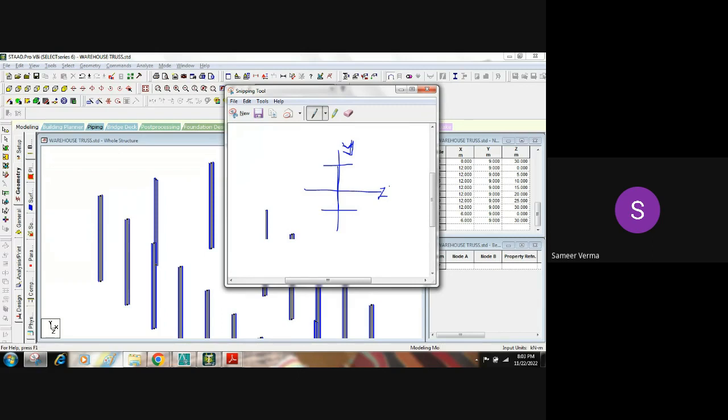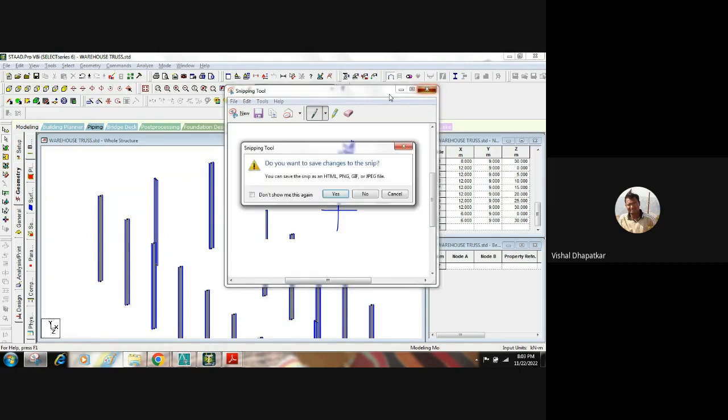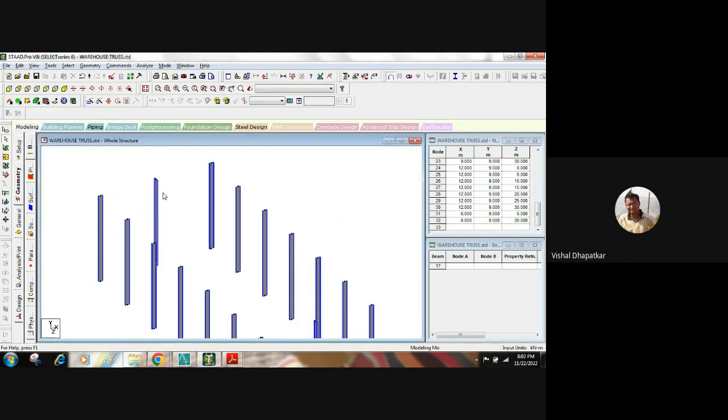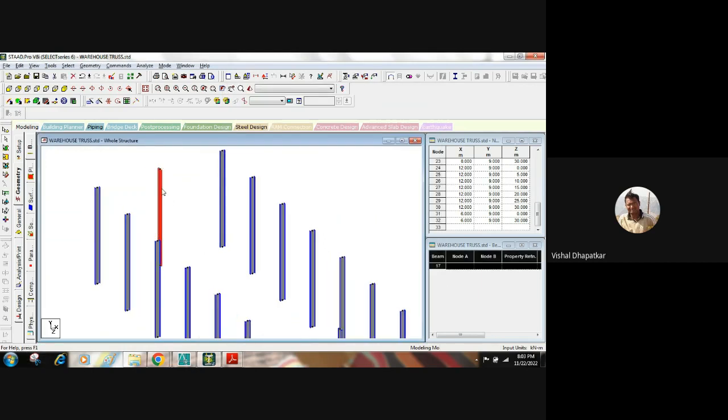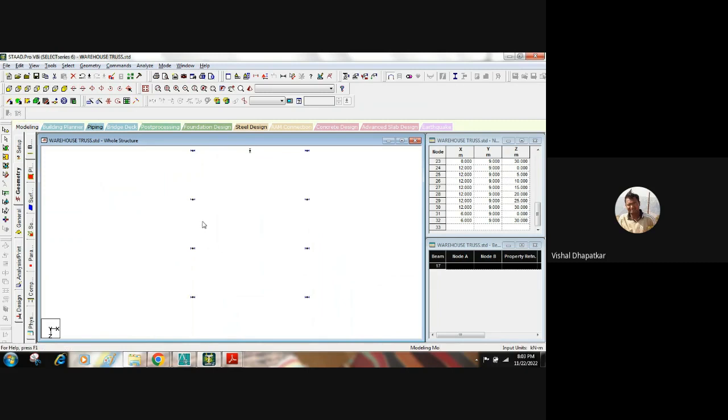Z. Okay. So Z is the major axis because we have the maximum moment of inertia, or major moment of inertia, about the Z axis. About the Y axis we have less moment of inertia. So when we are orienting like this, our major moment of inertia will be about the Z axis. This is the Z axis of the section, and our major moment of inertia is about this axis.